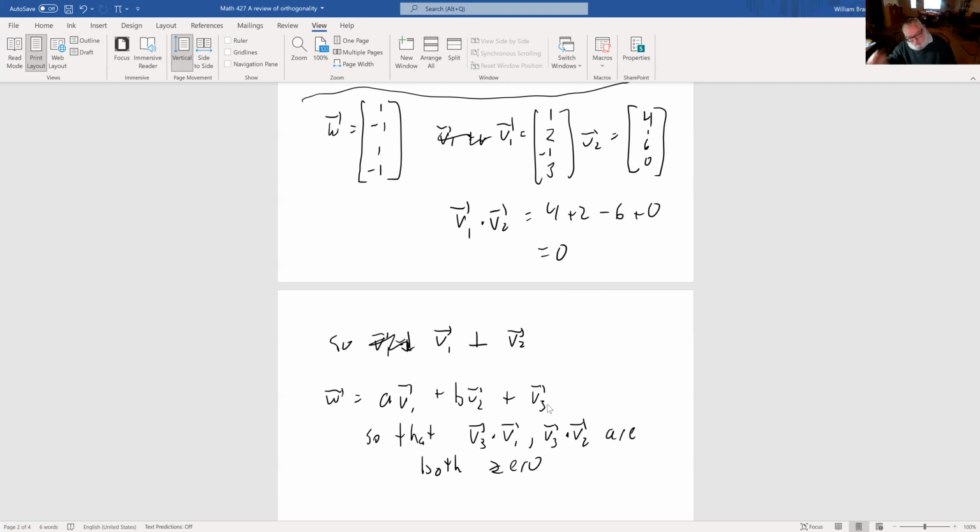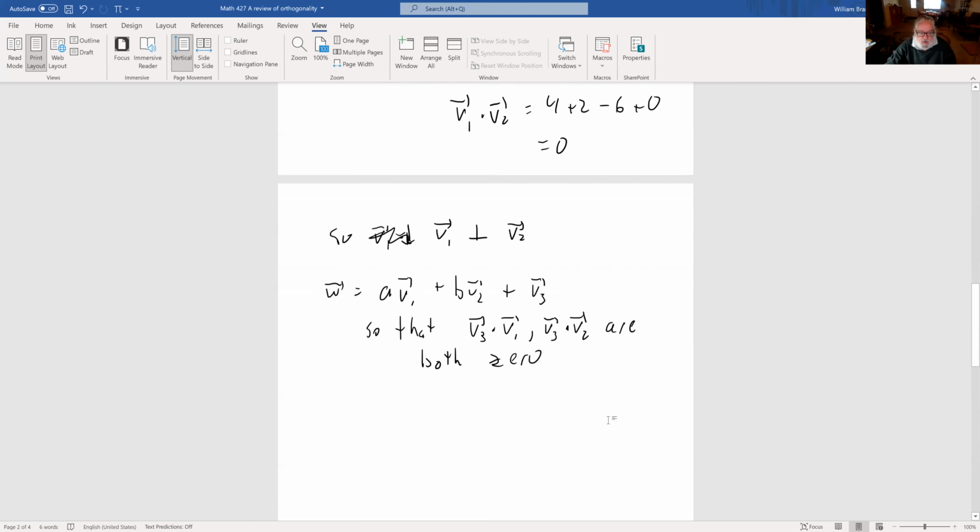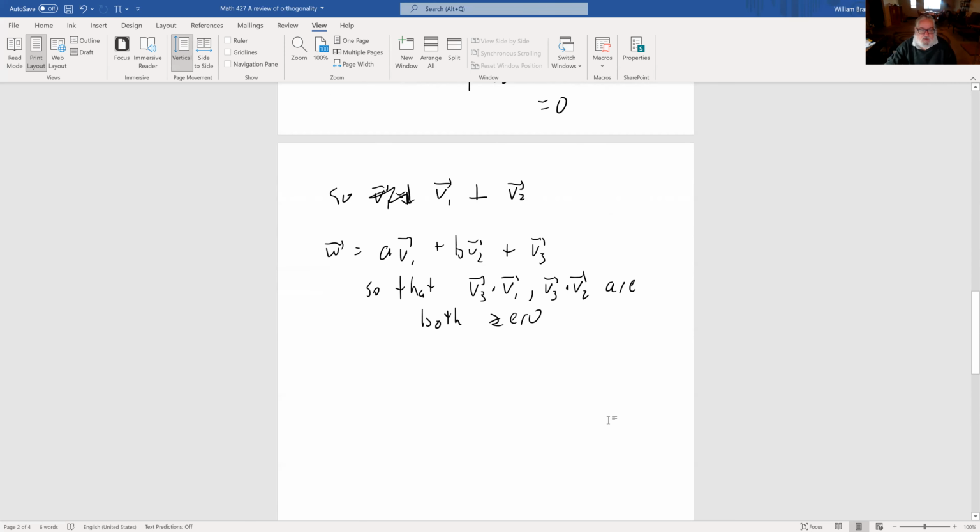The third vector V3 is going to end up being perpendicular to both V1 and V2. So what are A and B? These are the coefficients.